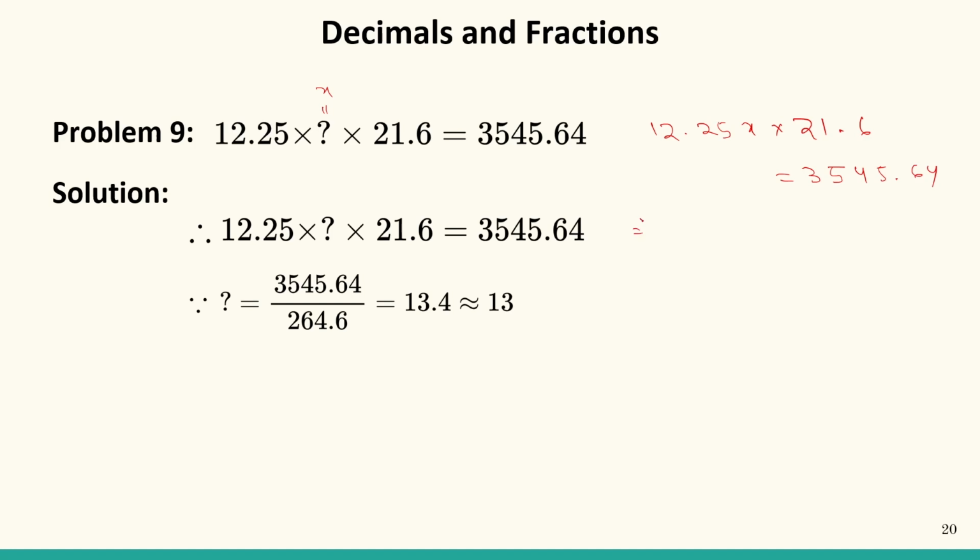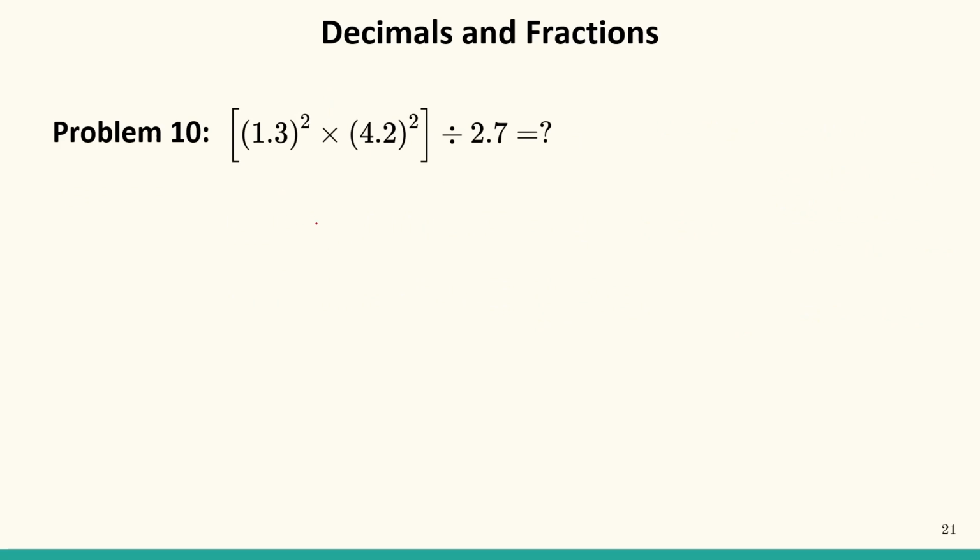So what is x? This implies that x is equal to 3545.64 divided by 12.25 into 21.6. So it is equal to 13.4, that is approximately equal to 13. So 13 will be the final answer.